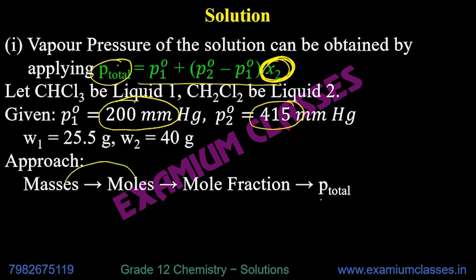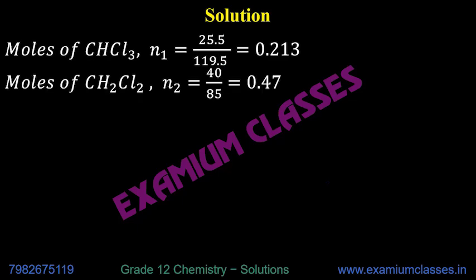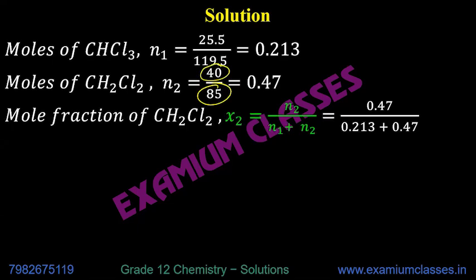Masses will give us moles, moles will give us the mole fraction of the second component, and from there we will get P total. So moles of chloroform is given mass upon molar mass, moles of dichloromethane again given mass upon molar mass. For mole fraction x2, remember, we will calculate only x2, not x1, because in that formula we need x2. So that will be the number of moles of second component divided by total number of moles.